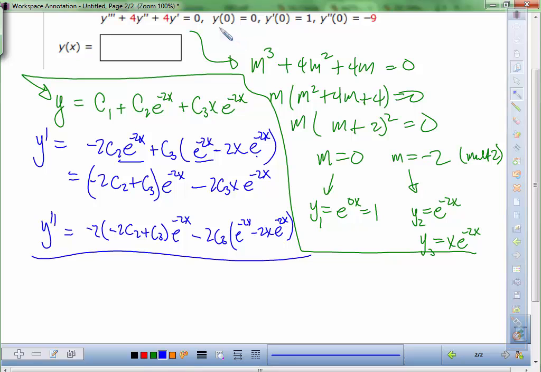All right, let's use the first initial condition, which is y of 0 is equal to 0. This is going to get us the original y, and you put 0 in for x. Well, if I put 0 in for x, the only thing I'm going to get rid of is c3. So I got c1 plus c2 times 1 is equal to 0.